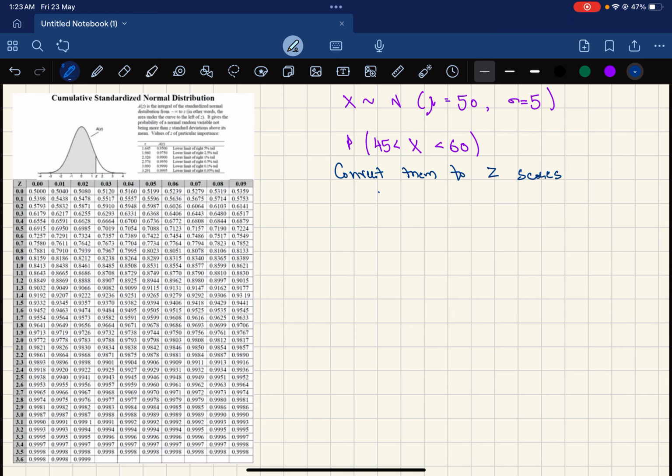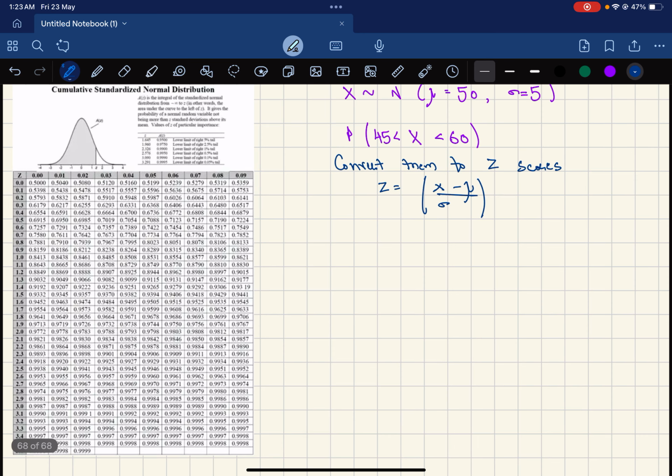The z-score is defined as (x minus mu) upon sigma, where x is the x value for which the probability is being calculated. So this can be written as (45 minus 50) upon 5, where the mean is 50 and the standard deviation is 5.